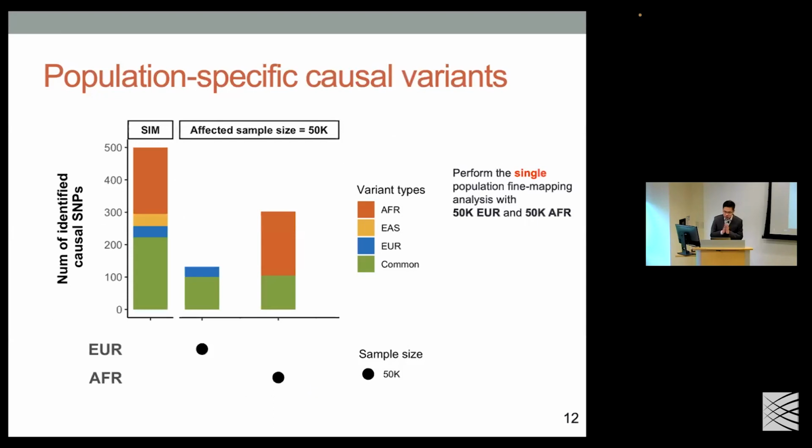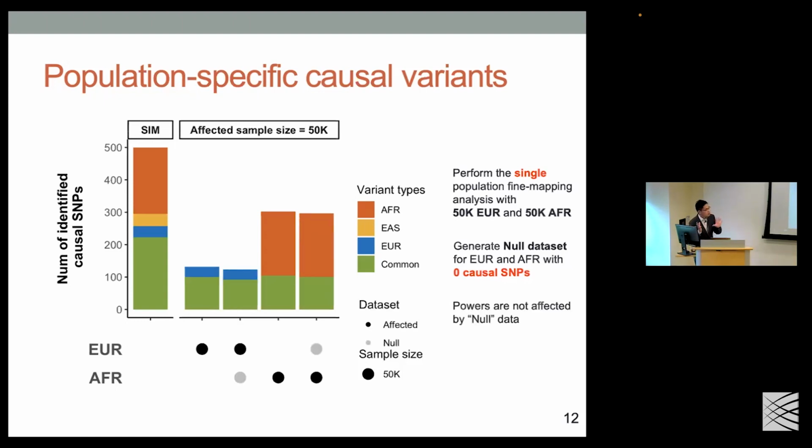And then we also want to test our model, which assumes that the causal variants are shared across different populations. What if they are not shared, and are population specific? We first perform single-population fine-mapping analysis for 50,000 European and 50,000 African samples. This is our baseline. Then we generated some null data. Null data means they carried zero causal variants. That's noise.